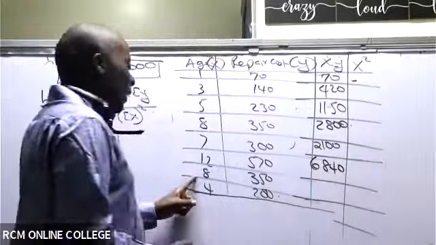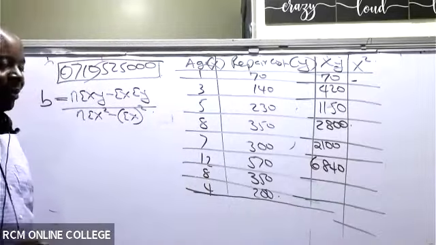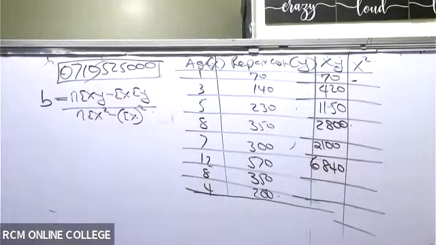Then we have 8 times 350. What do we have here? 8 times 350. Most gentlemen are not really participating, which is very sad.